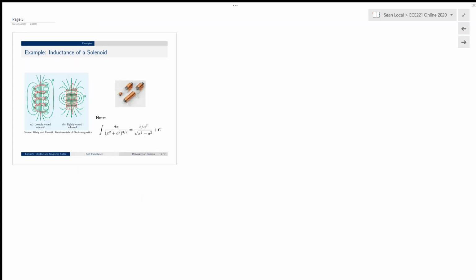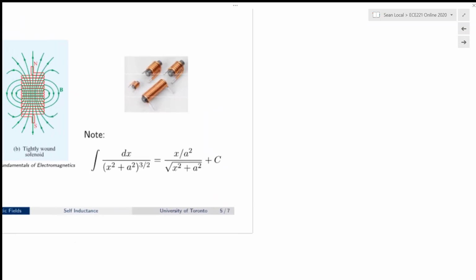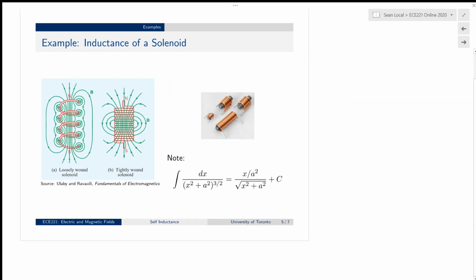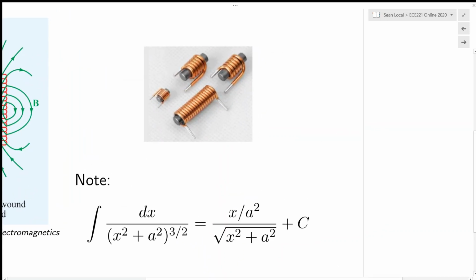Okay, so now let's look at a particular example of an inductor called a solenoid. A solenoid is just a fancy name for a coil, and we can see some examples of solenoidal coils in the picture here. So as you can see, we've taken some wire. This wire is actually insulated.